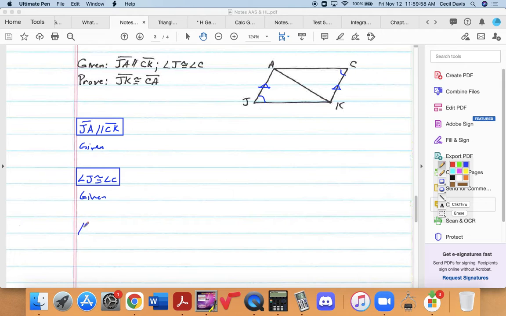And I'll go ahead and do the easy one. AK is congruent to AK by the reflexive property. That has come up a lot today. Is that enough to prove the triangles congruent now? Not yet.